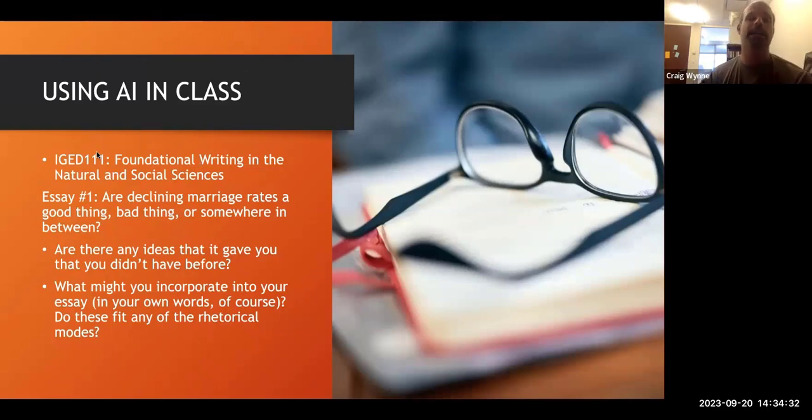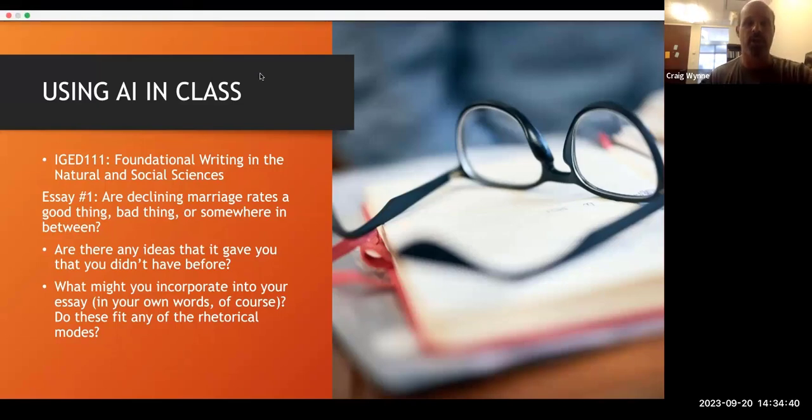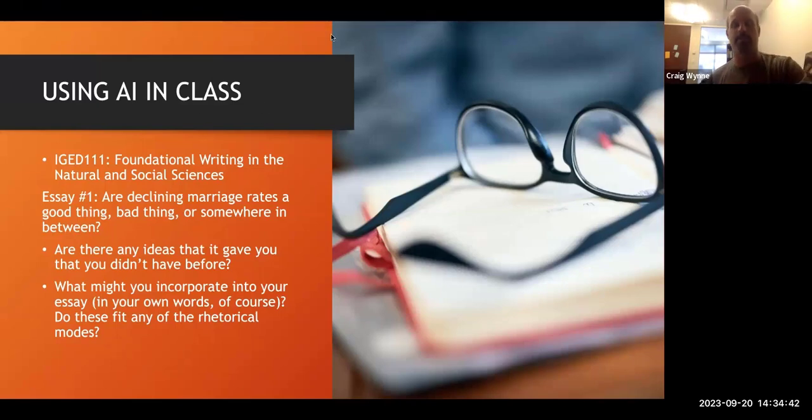In my class about foundational writing in the natural and social sciences, one of my other research interests, as David knows, I delivered a presentation on this about a year or two ago, is about the issues of marriage and singlehood. I've been reading, writing, and studying it for years, and I've themed some of my courses around these issues, and I find that students really do get interested in that.